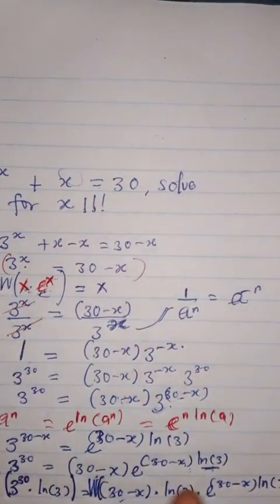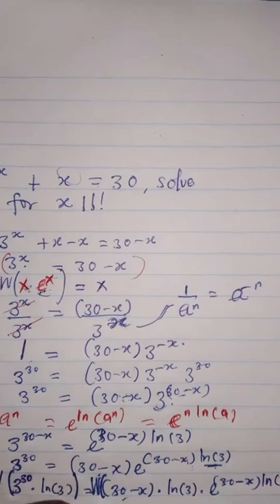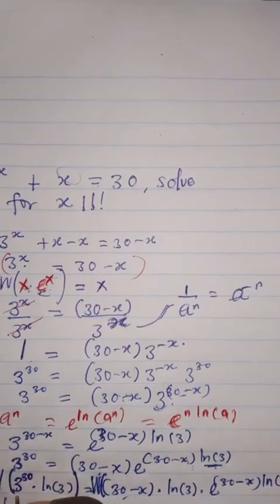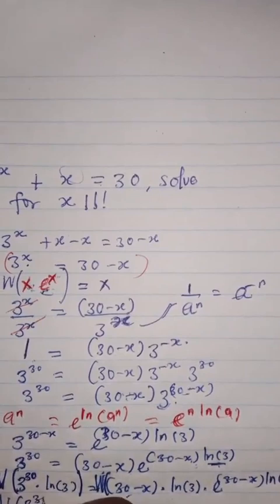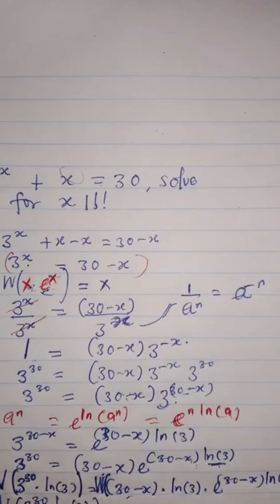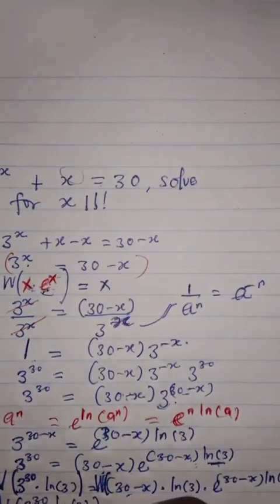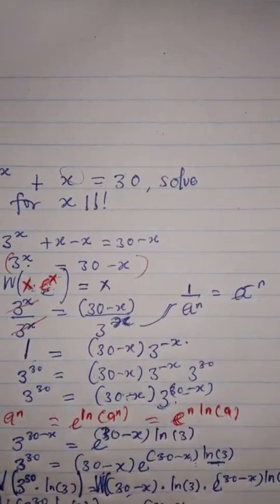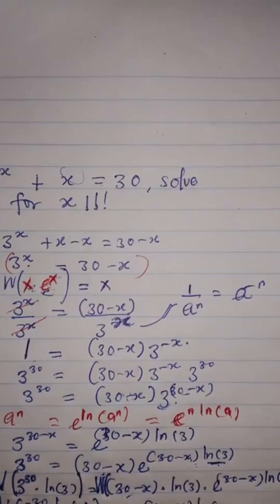So if I take the Lambert W function of this, I'm going to have the Lambert W function of 3 raised to the power of 30 multiplied by natural log of 3, which is equal to, so this will just be, 30 minus x multiplied by natural log of 3.